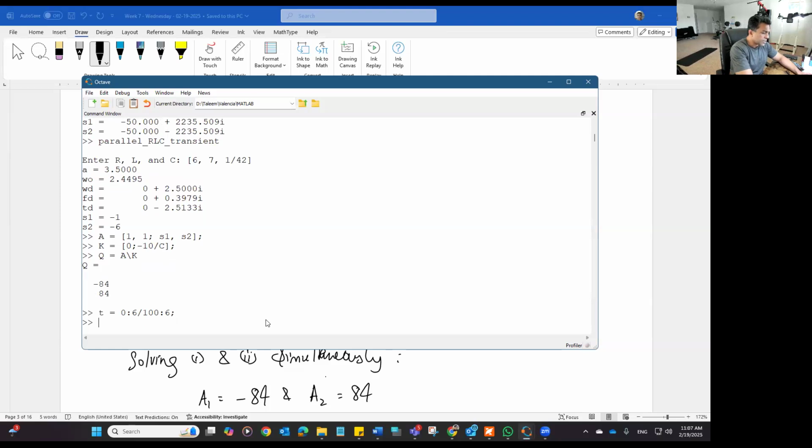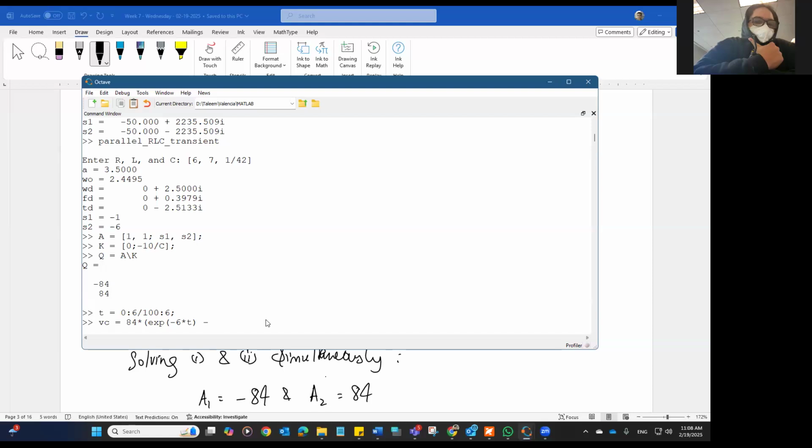And then we're going to write our equation down. VC is equal to 84 times exponent of negative 6t minus exponent of negative t.